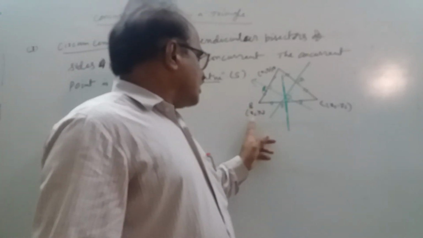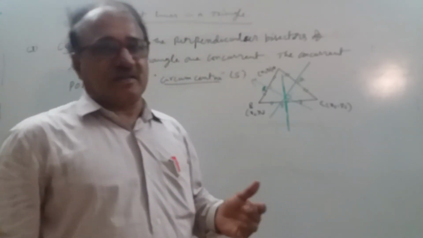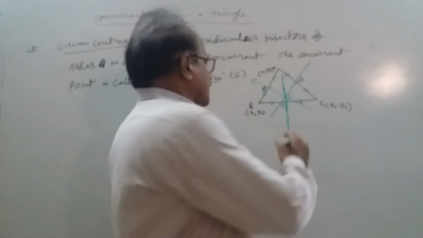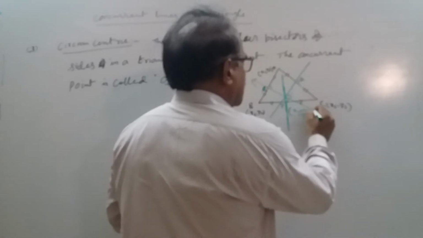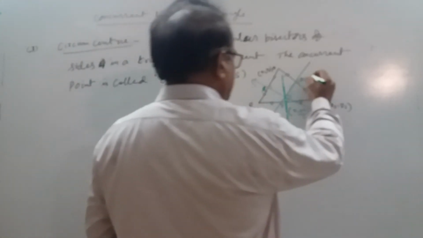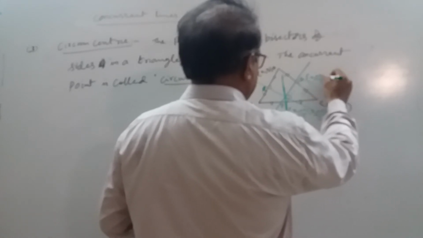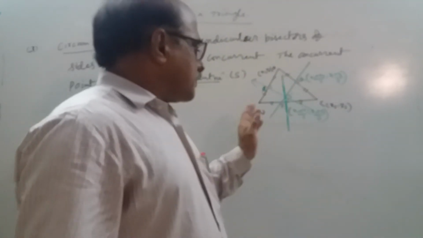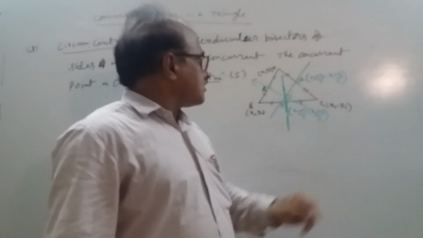First, if you know the coordinates of B and C, we can find the midpoint by using the midpoint formula, that is (x1 plus x2)/2 and (y1 plus y2)/2. The coordinates of P are ((x2 plus x3)/2, (y2 plus y3)/2). Similarly, the coordinates of Q are ((x1 plus x3)/2, (y1 plus y3)/2), and PS is perpendicular to BC, QS is perpendicular to AC.